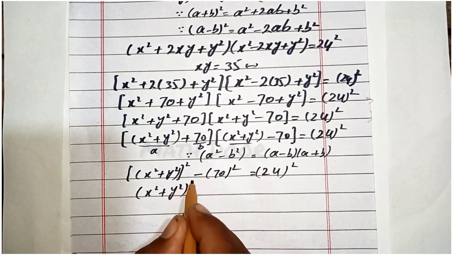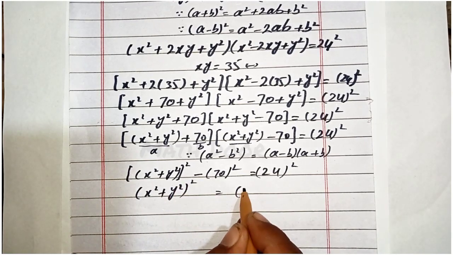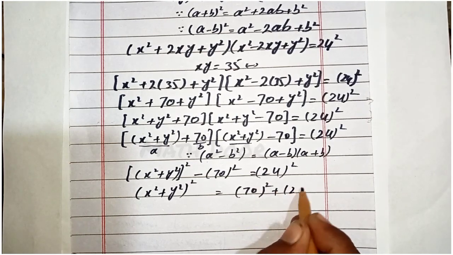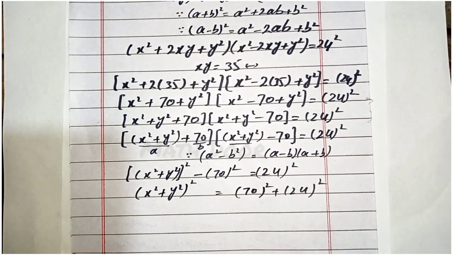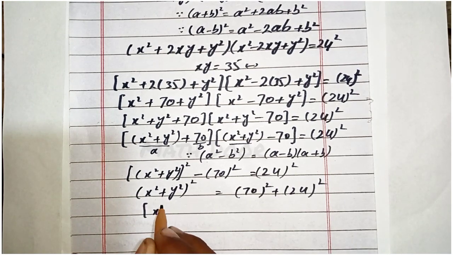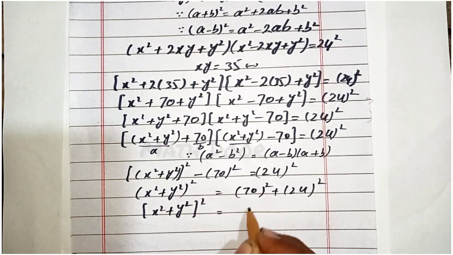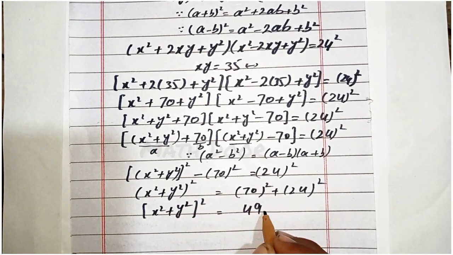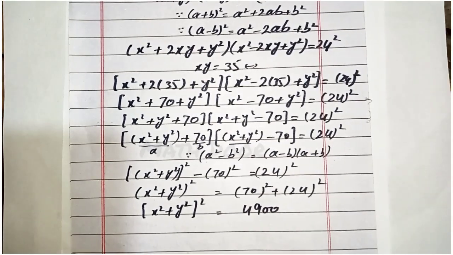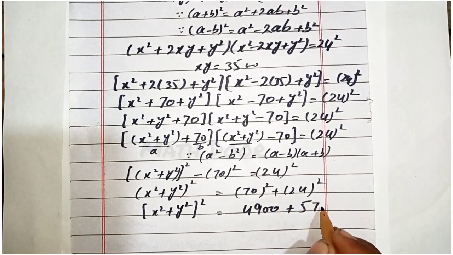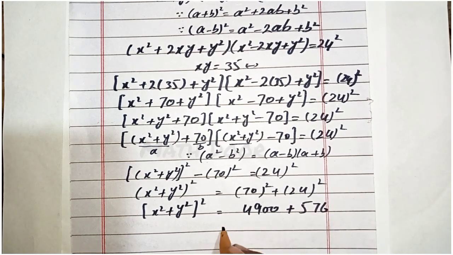This would become positive 70 square plus 24 whole square. Now we can write (x square plus y square) whole square. This one becomes 4900, and this would be equal to 576.